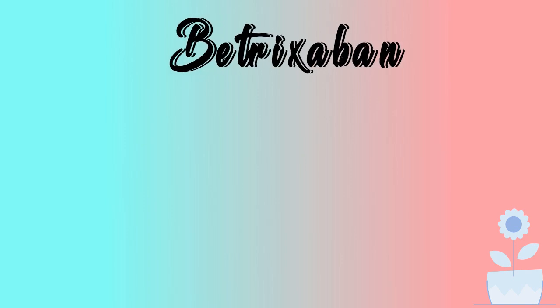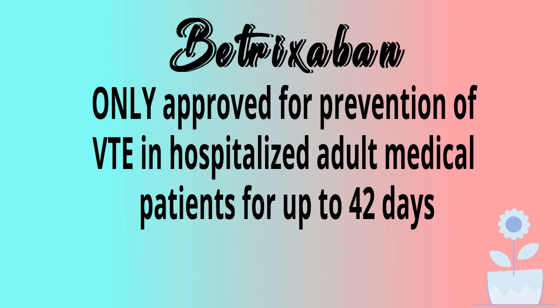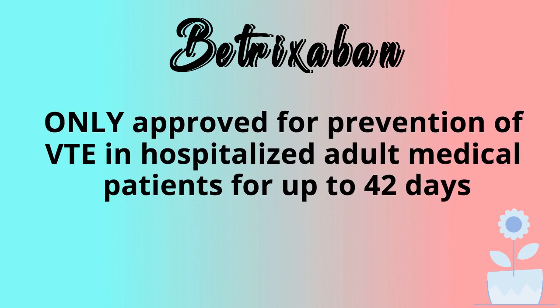Alrighty, next up is our latest factor 10A inhibitor. It's betrixaban, brand name Bevyxxa, and it is actually only approved for prevention of VTE in hospitalized adult medical patients for up to 42 days. So that's a very unique indication.